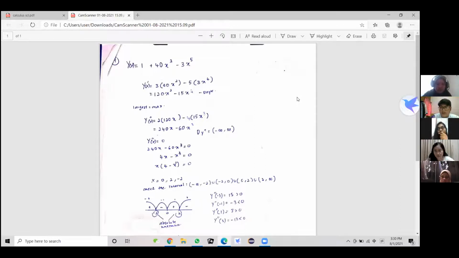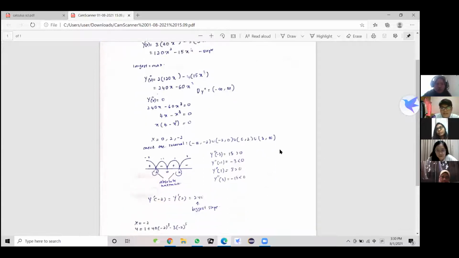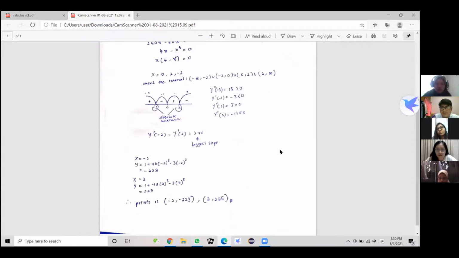If we want to find the maximum point, we have to do the second derivative test. We set it equal to 0 so we can find the critical x point, so that we check the interval to see which one is the maximum.